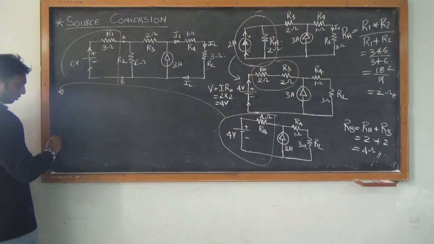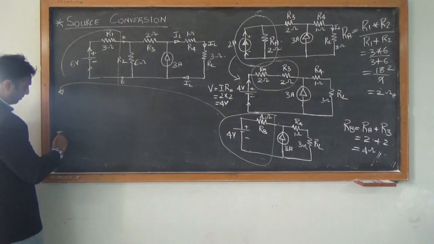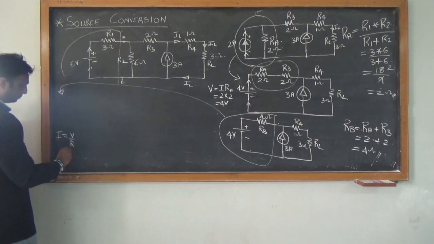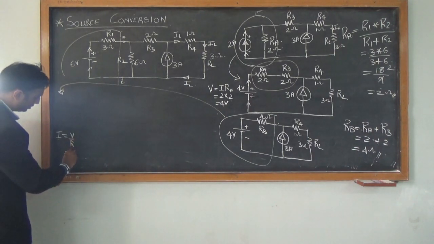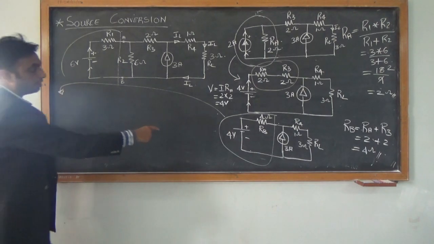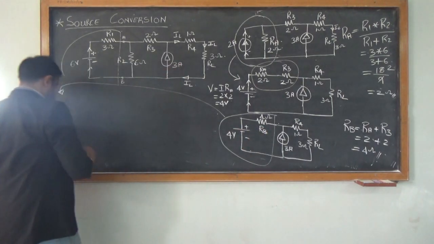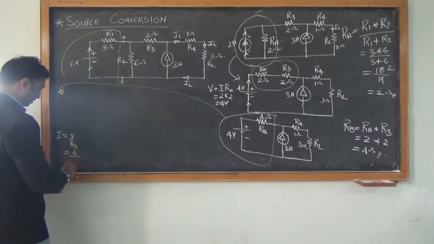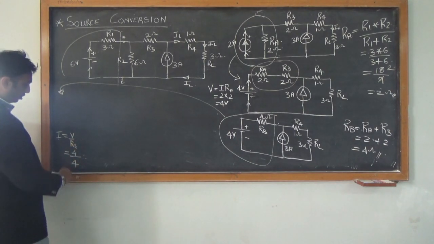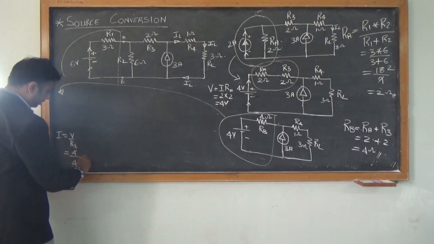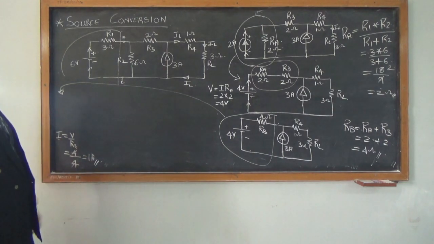Now, according to Ohm's law, we have I equals V by R. V is 4 volts and your R here will be your RB, which is equal to 4. So 4 divided by 4 gives us 1 amp. So now my current source is basically of 1 amp.